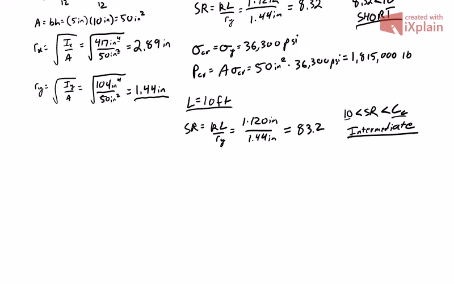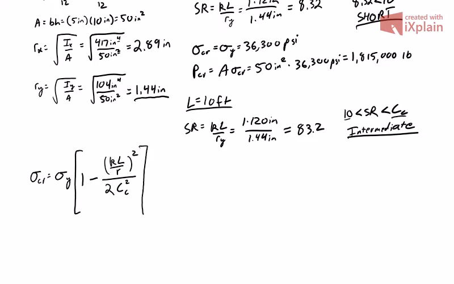For an intermediate column, I'm going to move over to the left side just because I'm going to need a lot of space. The critical stress is equal to the yield stress times 1 minus KL over R squared all over 2 times C sub C squared, close brackets.